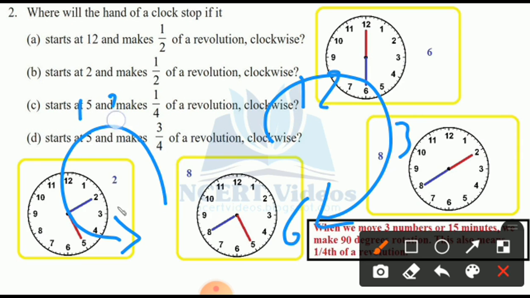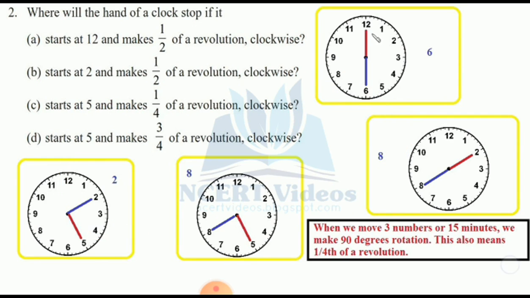Here also 12, 3, 6. So clockwise and anti-clockwise, we have a clear idea. Okay. So it is showing here 1/2. Start from 12. 1/2 means it reaches 6 o'clock. Second one, start from 2, make 1/2, it will reach 8 o'clock. Clockwise direction. Here also clockwise.